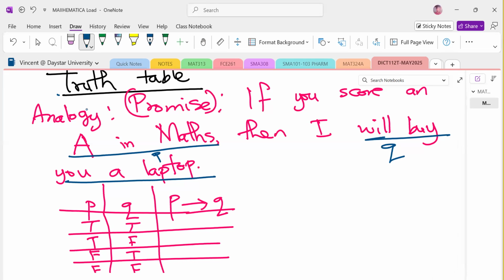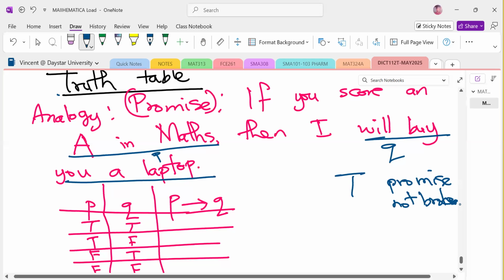Then the result we write as our final answers. There are two things. We will put T if the promise is not broken, and we'll put an F when the promise is broken.